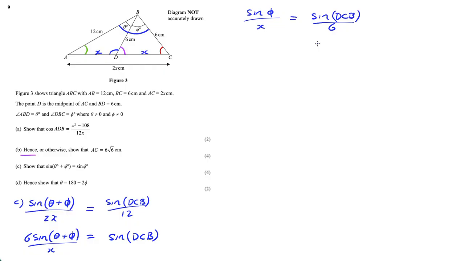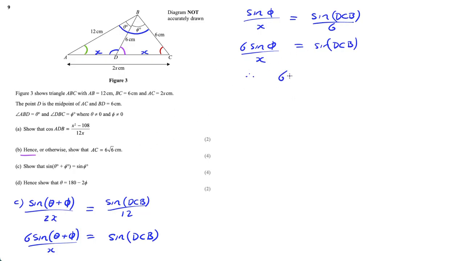And this sine DCB is also equal to 6 sine phi over x. So this is sine DCB and this is sine DCB, therefore they're equal.